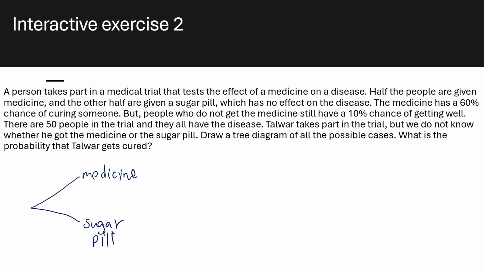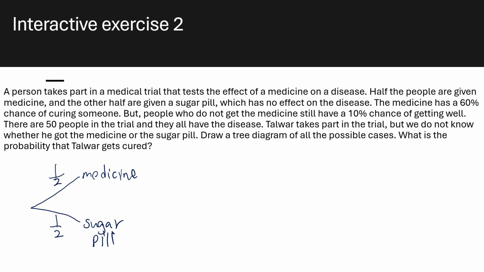So we were told half the people got medicine, half of the people get sugar pill. So the probability of getting medicine is 1/2, because it's 25/50, right? Which is 1/2. And also for sugar pill it is 25/50, which is half.